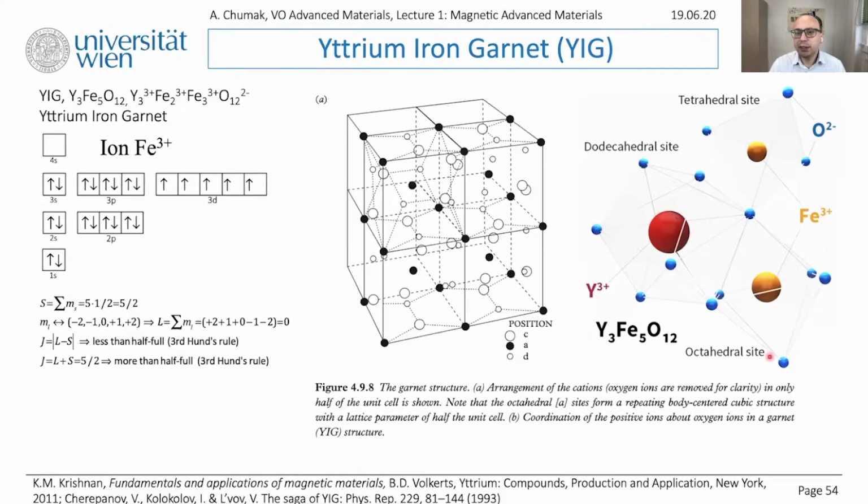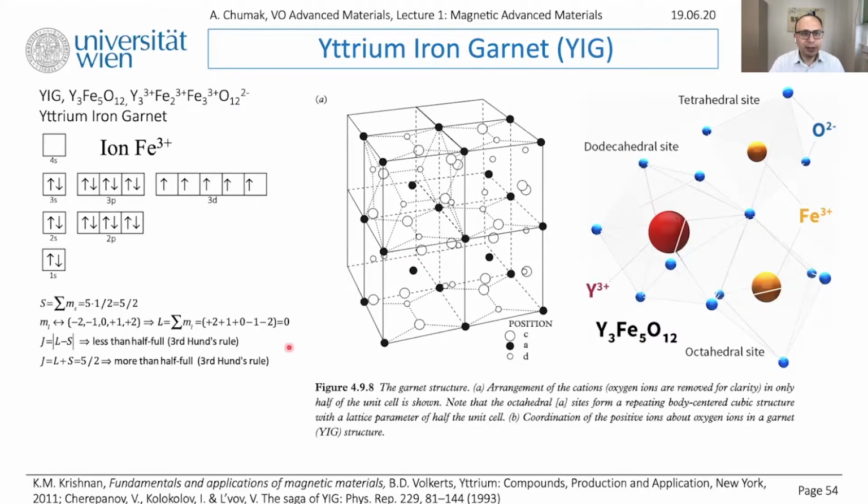One part is sitting in an octahedral site, and another in a tetrahedral site. So it has such a complex cubic structure, and iron atoms can sit in different sites of the structure.